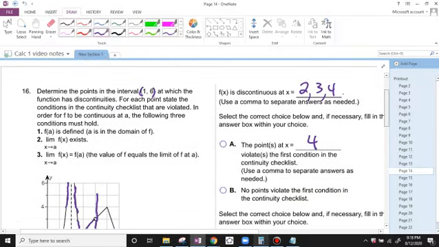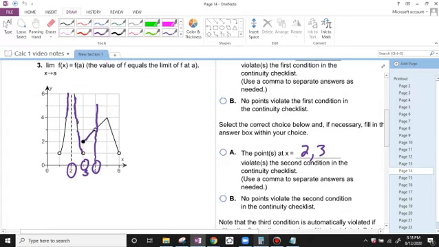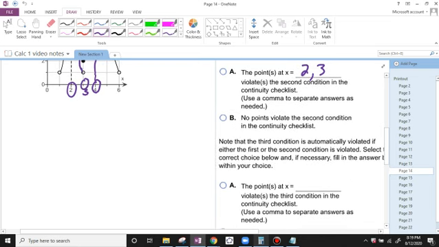The third condition is the limit is not equal to the value of the function. That just says that the black dot is not the same as the limit. So note that the third condition is automatically violated if either the first or second condition is violated.